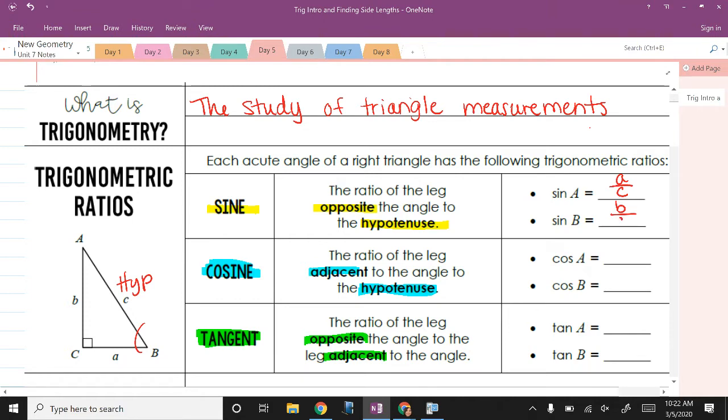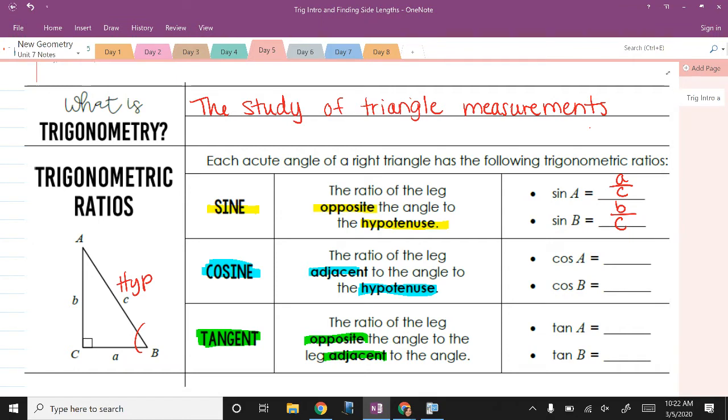C. So the opposite is different depending on which angle you're looking for. Does that make sense? Opposite from big A is little a, opposite from big B is little b. So the opposite is going to be changing depending on which angle you're talking about. But the hypotenuse is going to stay the same. The hypotenuse is always the hypotenuse no matter what angle you're going from.